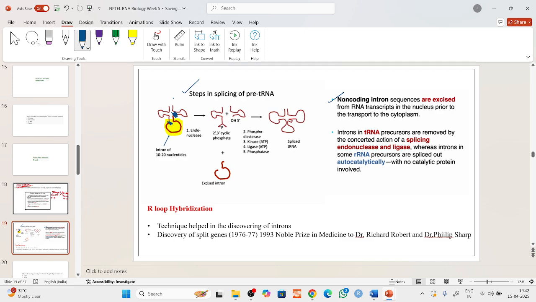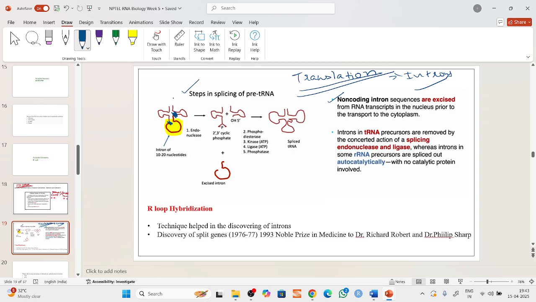So before the start of the translation process, the introns have to be removed so that only the coding information is present, and there is no problem for the tRNA to get confused between the coding and the non-coding transcripts.